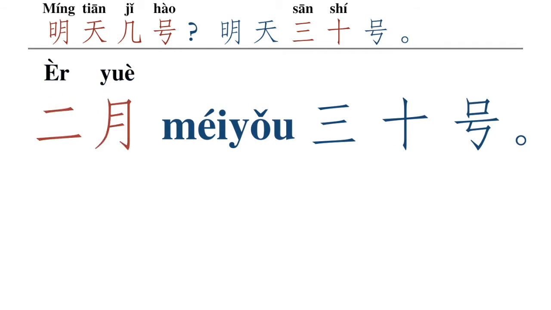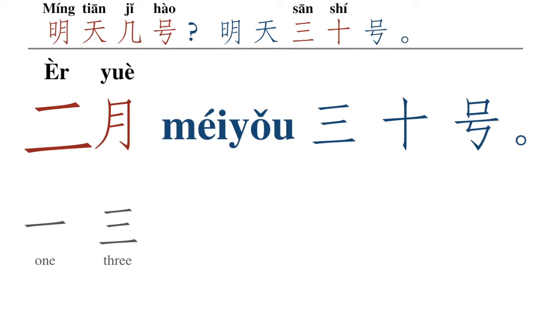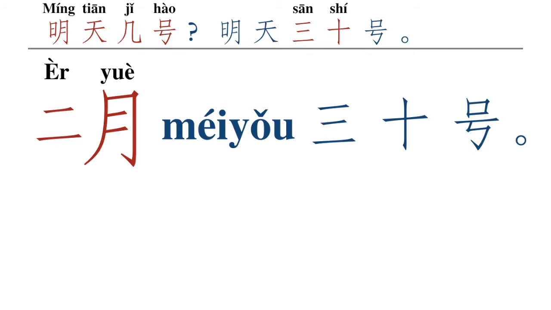Look at the word February. The character with 2 horizontal strokes is 2. Compare it with the character for number 1 and 3. 1 stroke for number 1. 3 strokes for number 3. Okay, next is the character for month. 月.